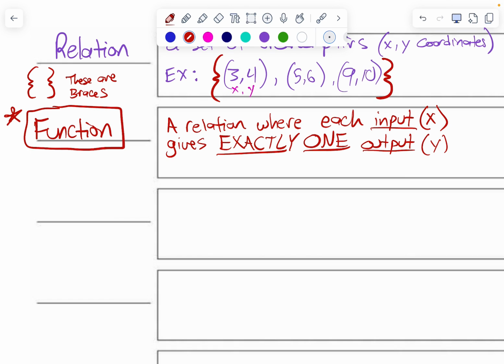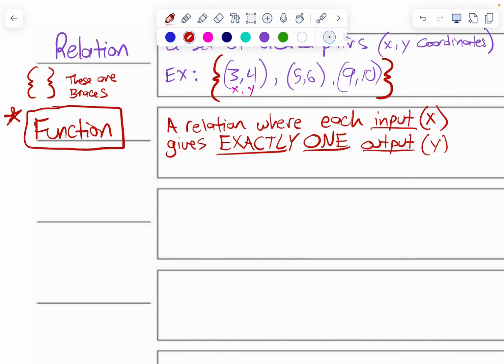So let's think of a couple examples. We've been dealing with lines. All of our graphs have been lines. Is a line a function? If I give you an x value, does it create just one y value or does it create more than one y value? Just one, right?